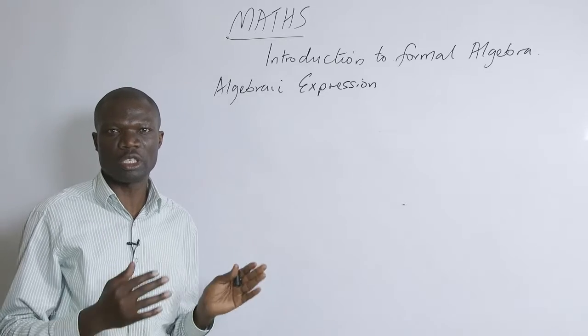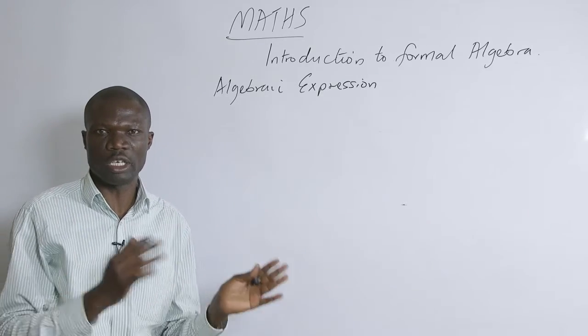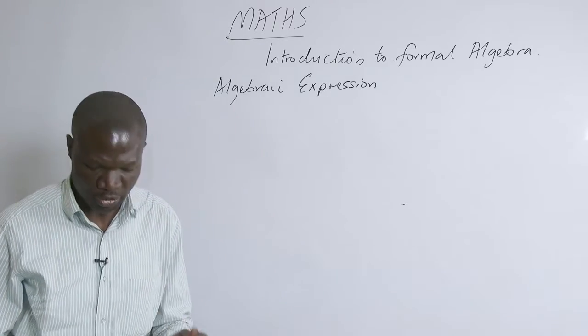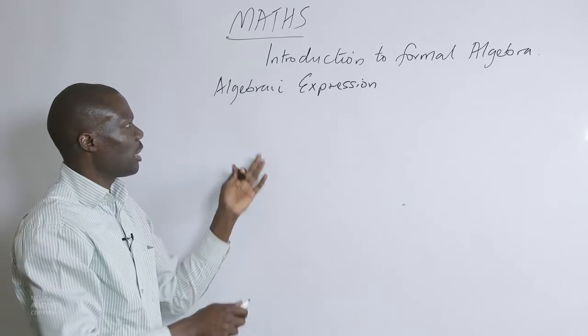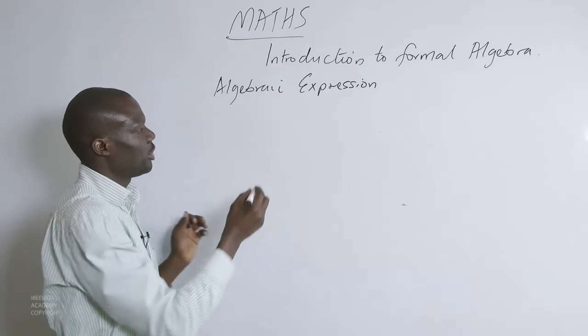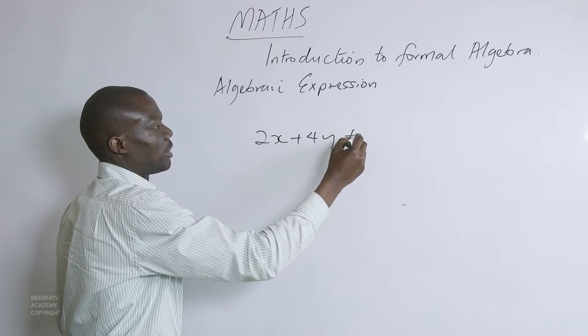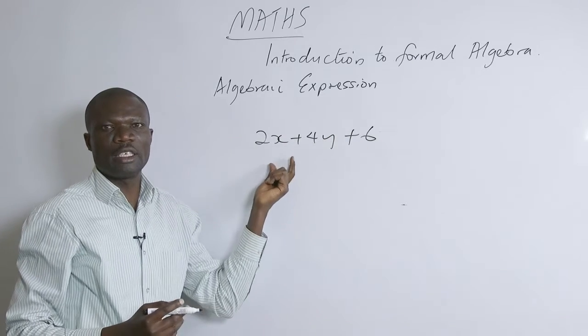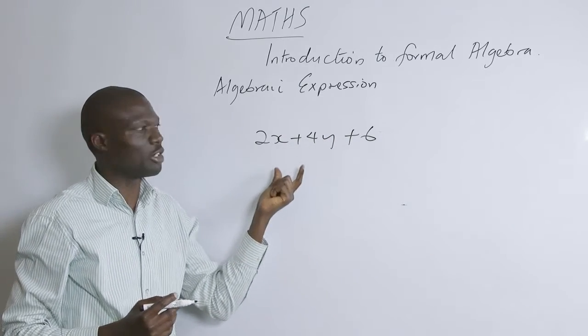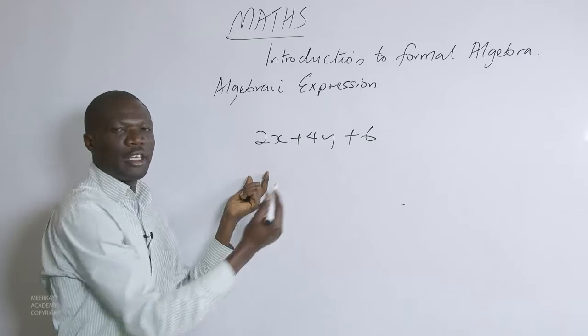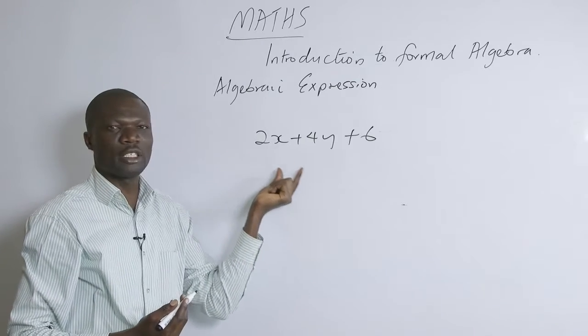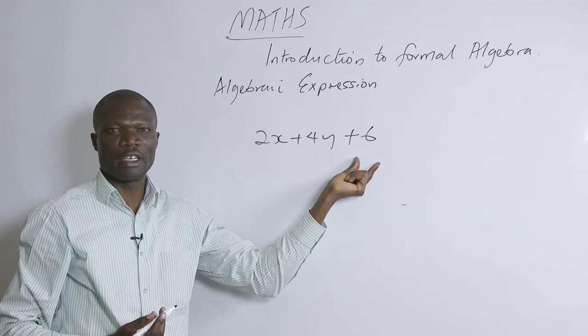So an algebraic expression is simply a combination of terms. As a good example, I can have an expression like 2x plus 4y plus 6. This is an algebraic expression. It has three terms: 2x, 4y, and 6.